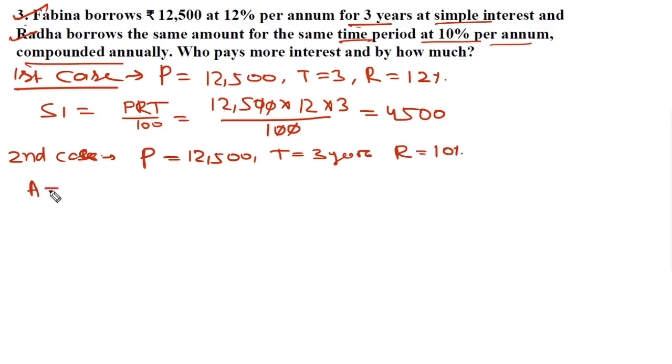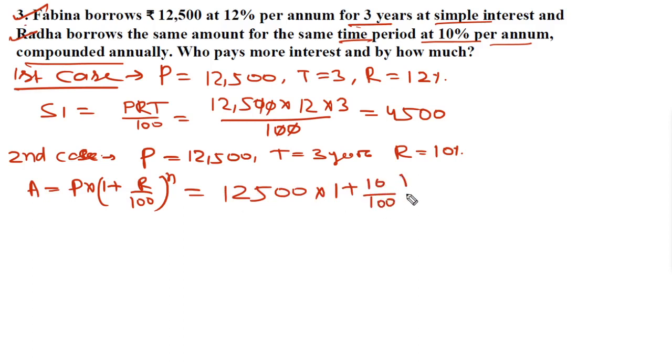So we know the formula for amount. A equal to P into 1 plus R by 100 to the power n. So which will be equal to P is your 12,500 into 1 plus R is your 10 by 100 to the power 3.